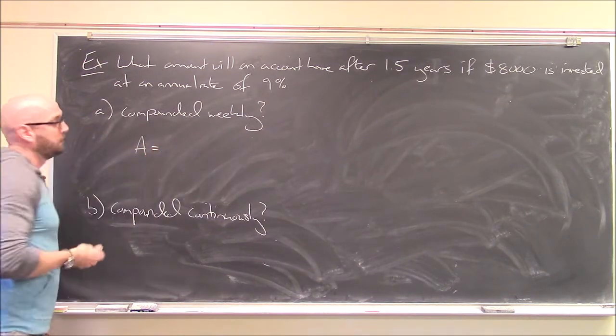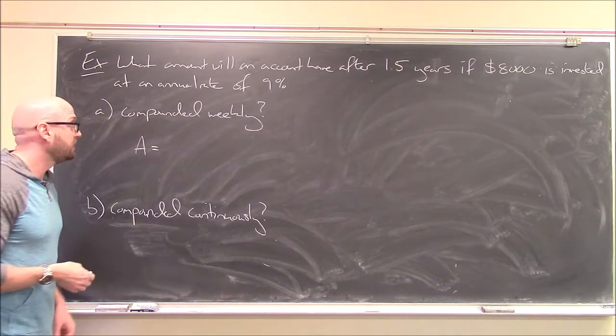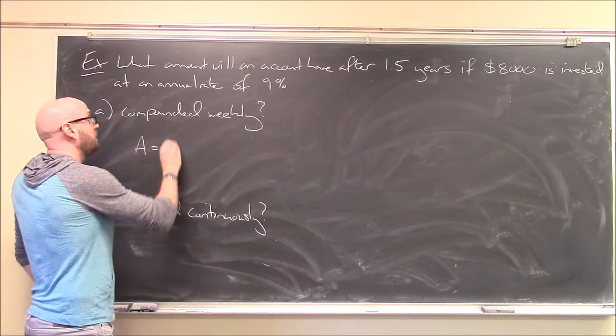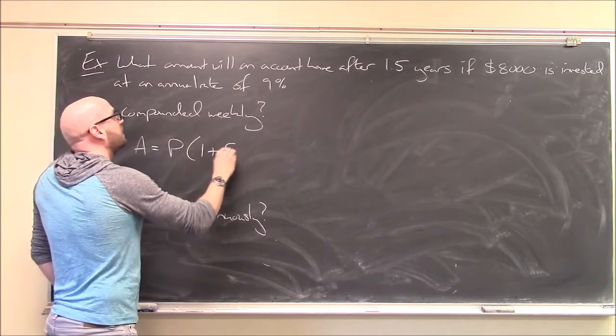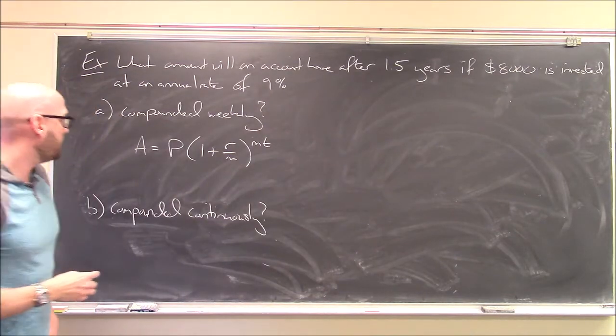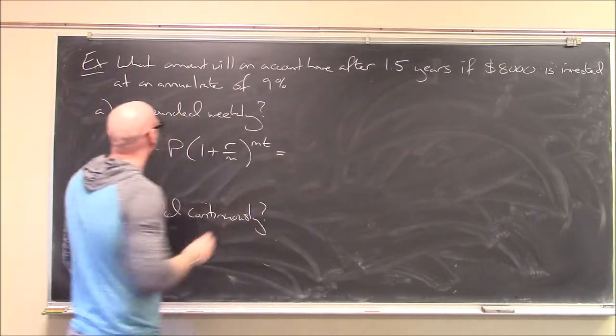So for the discrete compounding case, our formula is A is P times (1 plus R over M) to the MT. And we just have to plug in our values. So what do we have?